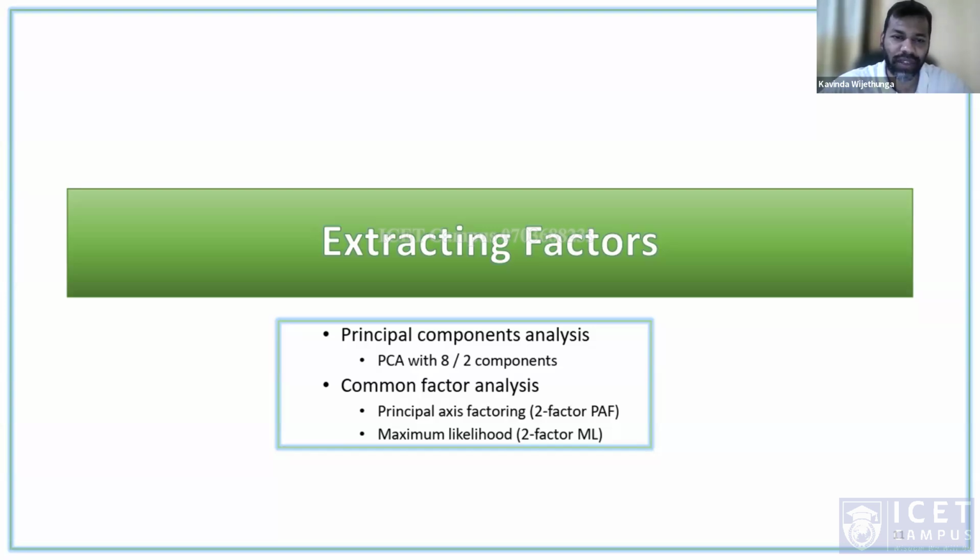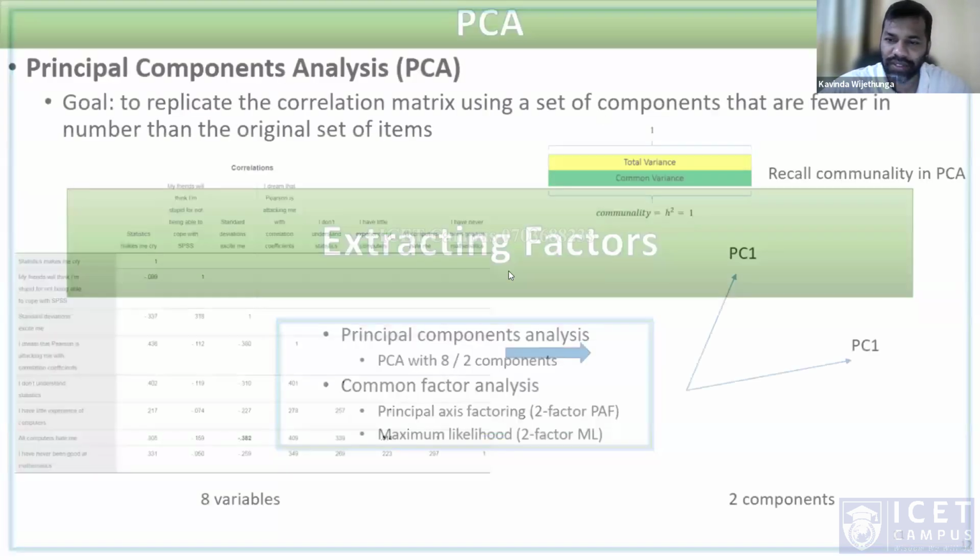Right. So then we'll see how we can do the principal component analysis using this data sheet. The goal is to replicate the correlation matrix using a set of components that is fewer in number than the original set of items. Yeah. So then here you can see there are 2 principal components.